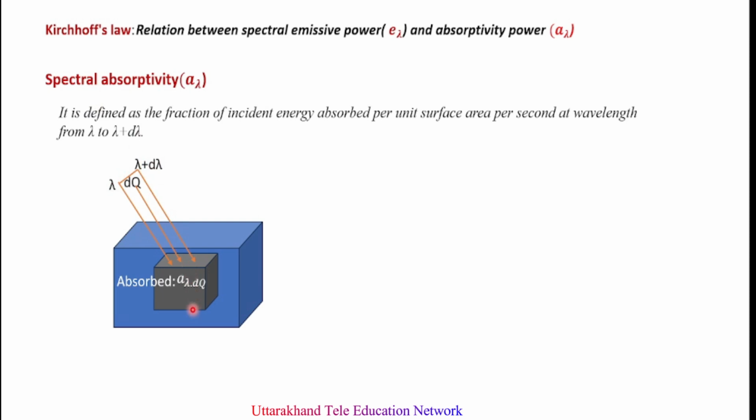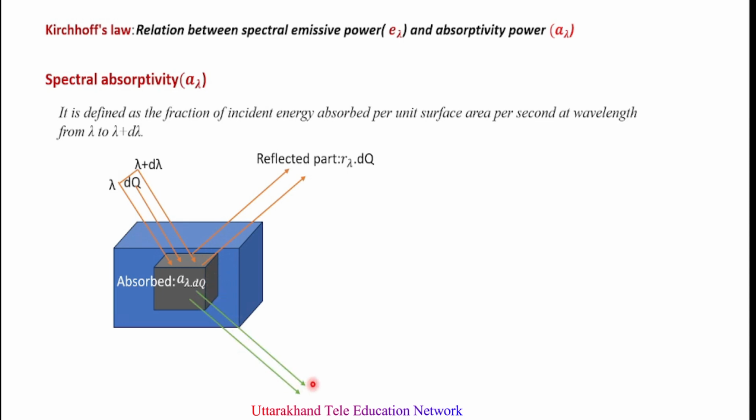Now the second possibility: the remaining part of the incident radiation will be reflected. If the reflection coefficient is r lambda, then r lambda dot dq will be the amount of reflected radiation. And the third possibility: the remaining radiation can be transmitted.